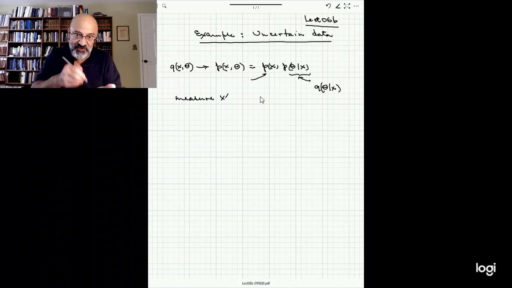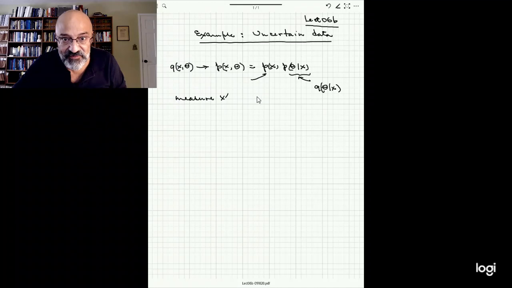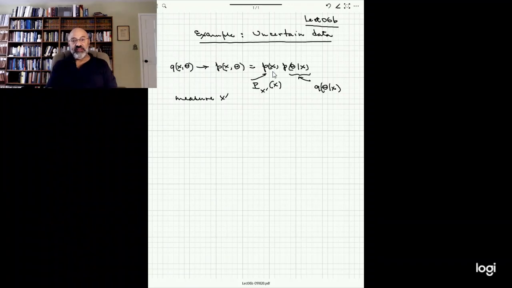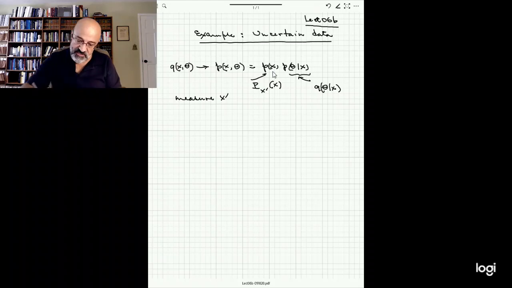You write it down on your piece of paper. That's the value you got, right? But having obtained the 2.3 does not quite mean that the x has a value 2.3. There is really here some distribution that may depend on the value of x, on the value of x prime, and so that you still retain uncertainty about the actual value of x, even though you obtain this value x prime quite precisely. Very good. So this is the update.